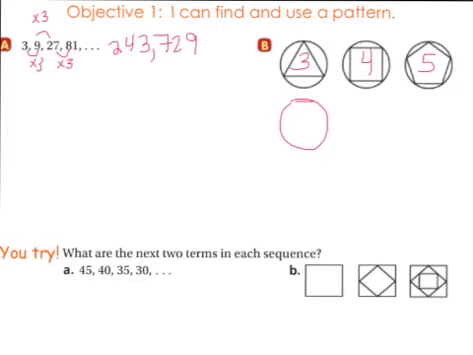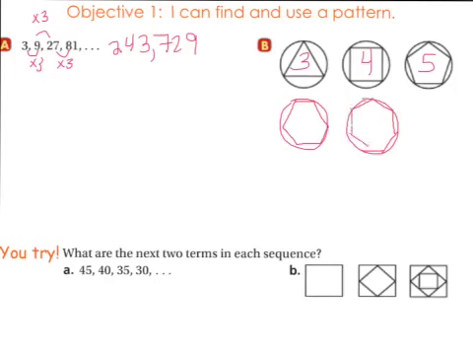So 1, 2, 3, 4, 5, 6. And yeah, that's not the prettiest, but you have to get over that. And the next one is another circle, and instead of 6 sides, I'm going to have 7 sides. So 1, 2, 3, 4, 5, 6, 7.